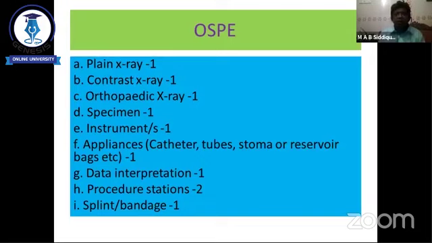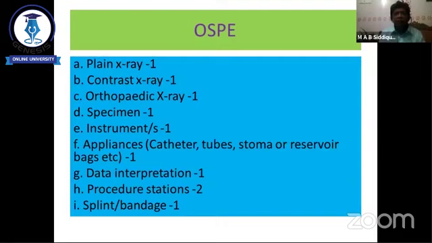Another station is specimen, one is instrument station, one is appliances like catheter, tube, stoma, and reservoir bag, and one is data interpretation, where there is some problem-oriented data. The procedural stations are 2 stations, such as clubbing, gowning, knotting, etc. And another station is splint or bandage. These are the total 10 stations in your professional exam.